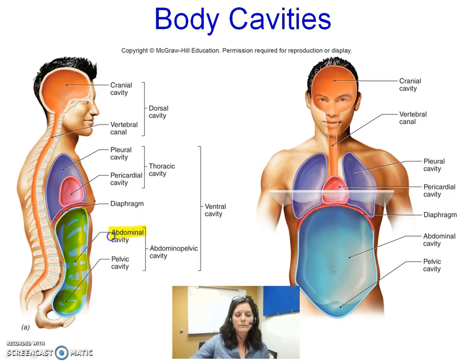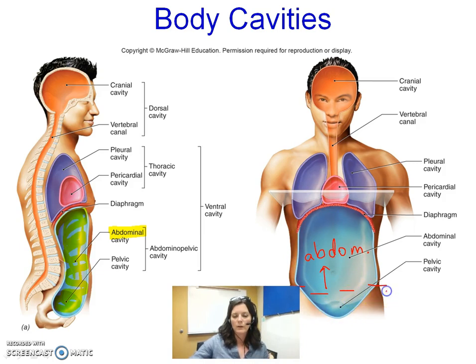Abdominal cavity is really going to be seen as, let me change my pointer here, everything above the top of the hips. So the abdominal cavity is everything from that border of the hips up, pretty much. So that's going to have all of your digestive organs, it's going to have your stomach, your liver, your small intestine, large intestine, all of that.